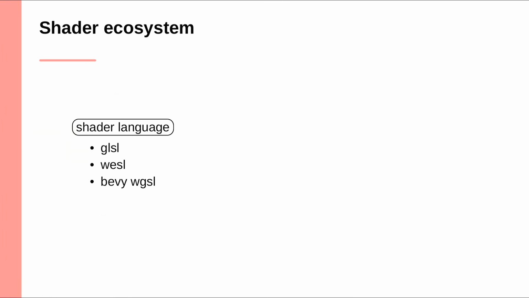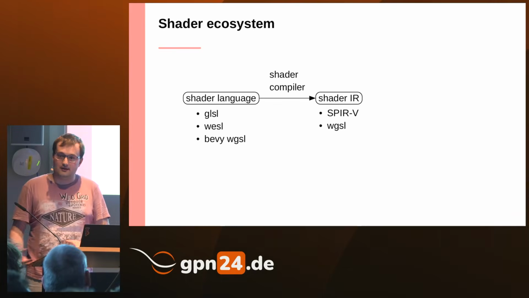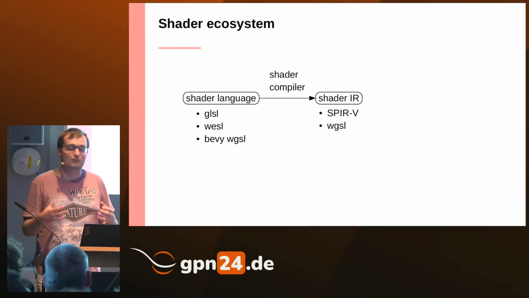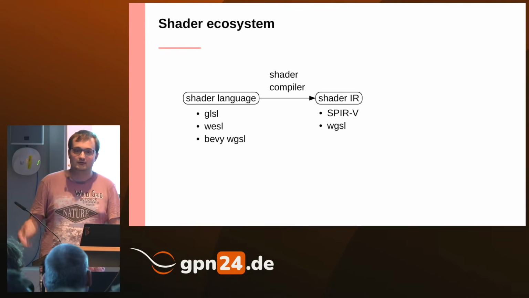So generally, how do you write shaders? Usually you have something called a shader language, which could be GLSL, WGSL, or Bevy WGSL, which is Bevy's variant of WGSL, whatever. And we have a shader compiler that takes these shader languages and turns them into what you could generalize as shader IRs.